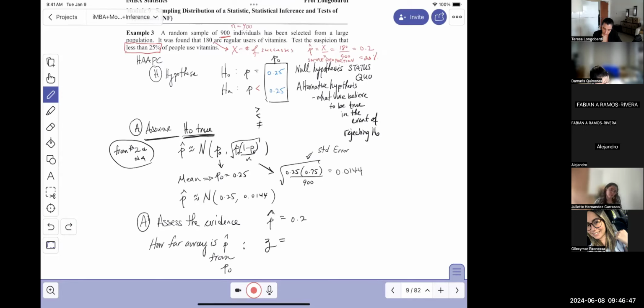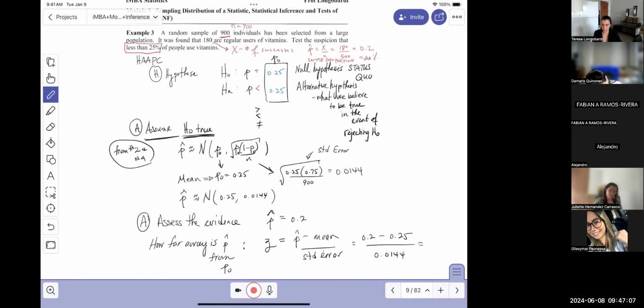We're going to take the value P hat, subtract its mean, and divide by the standard deviation, or standard error, we'll call it. So P hat was 0.2, the mean was 0.25, and the standard deviation was 0.0144.